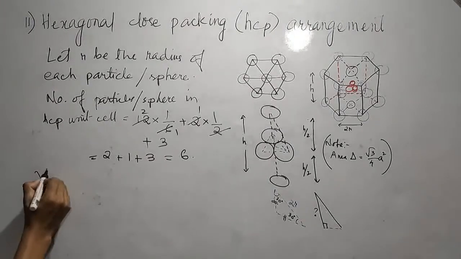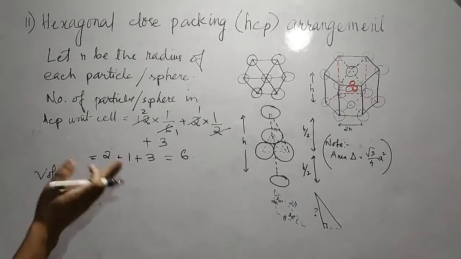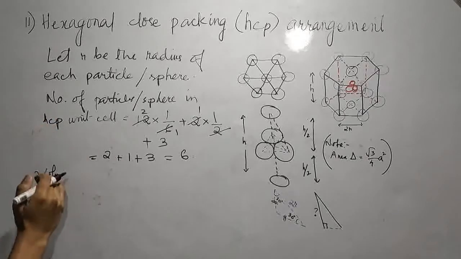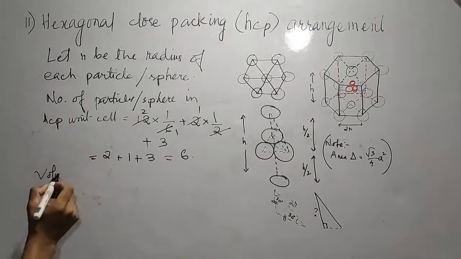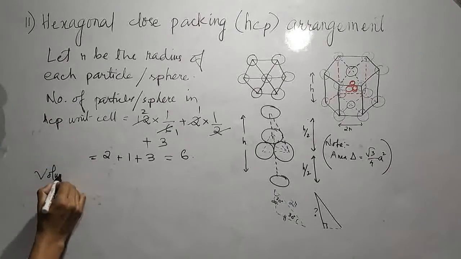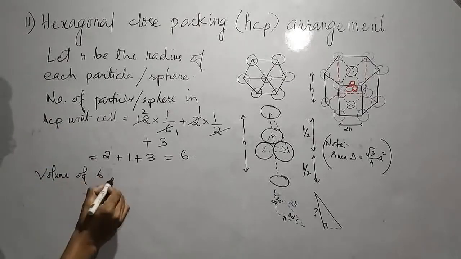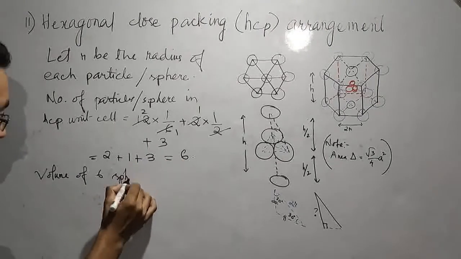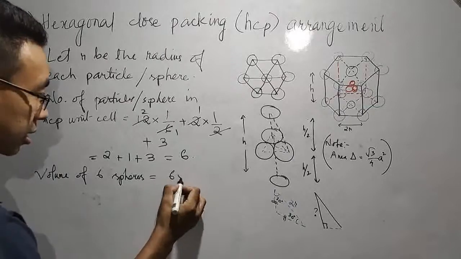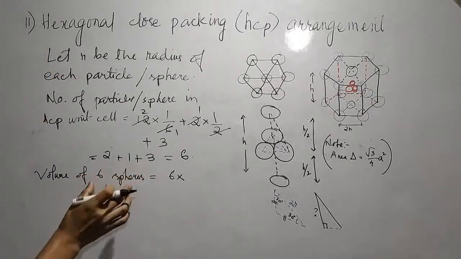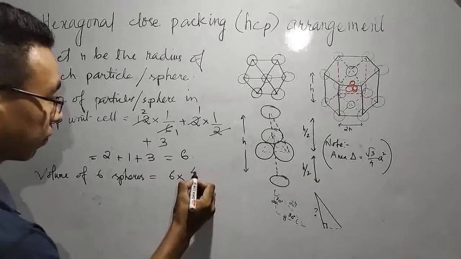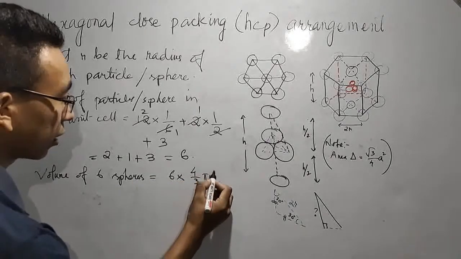Next, since we have to find out the volume of both the particles and the unit cell, I shall move on to the volume of the particles or spheres. So the volume of 6 spheres is equal to 6 times 4/3 pi r cube.